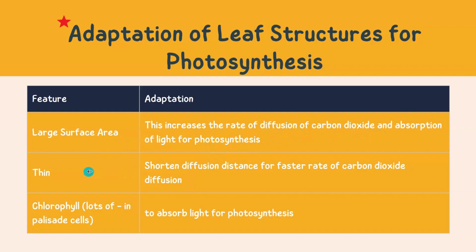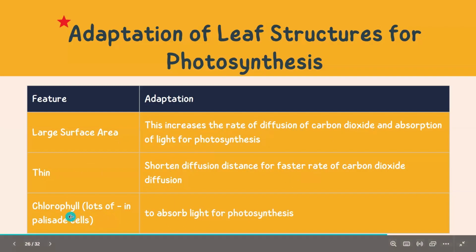And the leaves are thin. This is to shorten the diffusion distance for a faster rate of carbon dioxide diffusion. And in palisade cells, there are lots of chloroplasts, and so lots of chlorophyll. This is to absorb lots of light for faster photosynthesis.